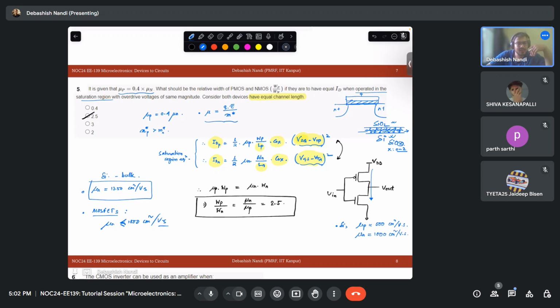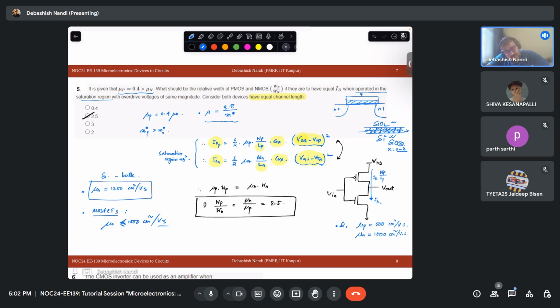But again, due to the difference of effective masses, the mobility of holes is almost half that of electrons. To compensate for that, to have the same ID in this and this region, we just increase the W by L of the PMOS.